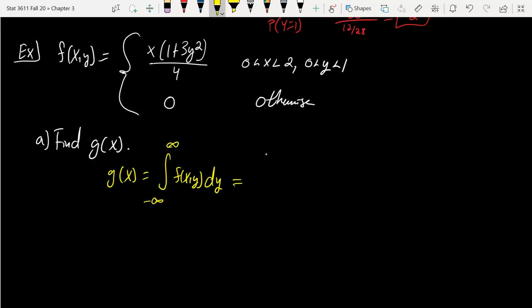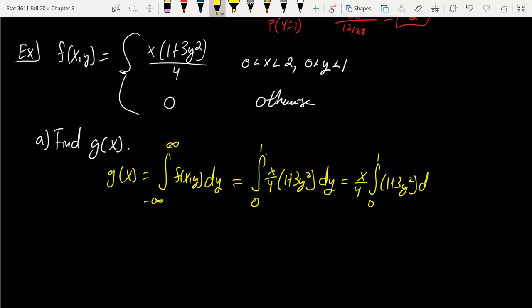Looking at our joint PDF, y just goes from 0 to 1 here. And then this is x over 4 times 1 plus 3y squared dy. Remember, in our integration, we're treating x as a constant when we're integrating with respect to y. So x over 4 is just a constant, and we could just factor that constant out in front of the integral. And now we just have a regular old-fashioned single variable integral with respect to y to do.